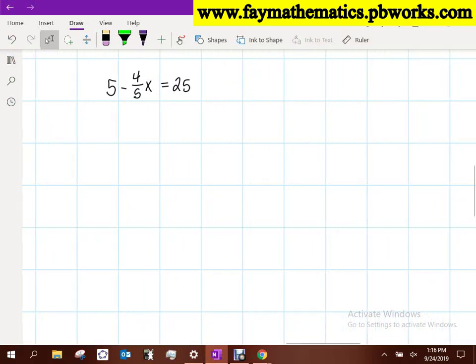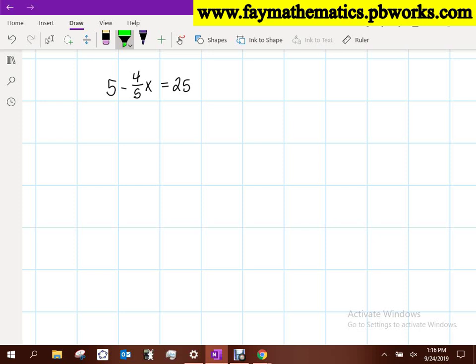It's the same concept, but there's a little twist here. I want to make sure we understand. I've been highlighting my variable term, and I want to keep my variable term where it's at. What is my variable term here? X. Okay, x is the variable. Well, what's the term? It's the 4/5 x. Okay, it's 4/5 x, but that's still a little inaccurate.